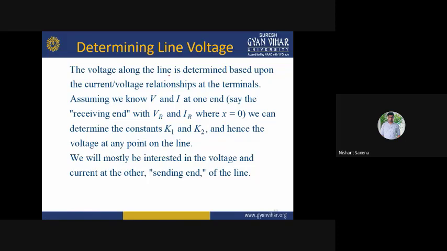Now, determining the line voltages. The voltage along the line is determined based upon the current and voltage relationships at the terminals.